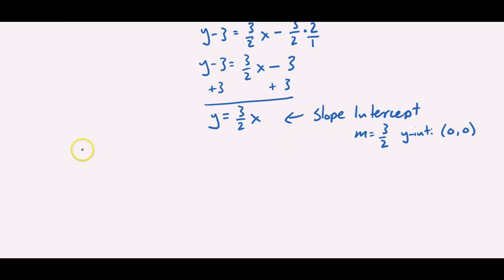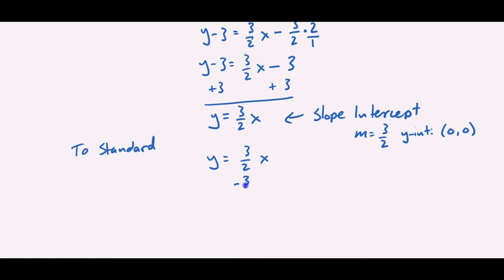Let's go ahead and do one more change. Let's go ahead and change it to standard form. Remember, in standard form, we wanted to have the x term and the y term on the same side. To do this, we're going to take that 3 over 2x and move it to the other side, over here with the y. We could also take the y and move it over with the x. Since that's a positive 3 over 2x, I don't want it there anymore.